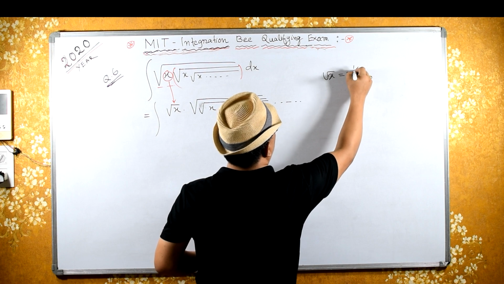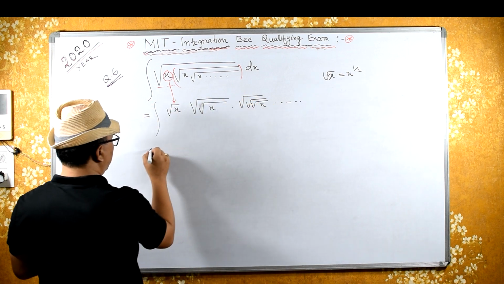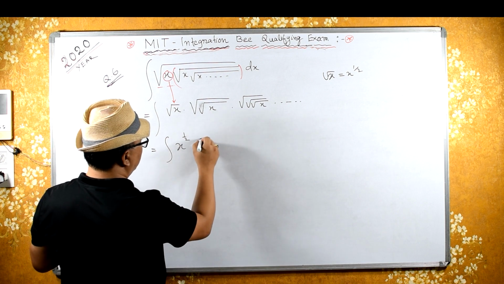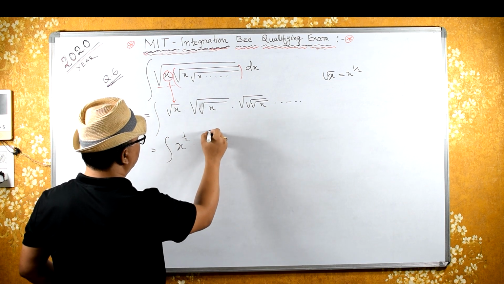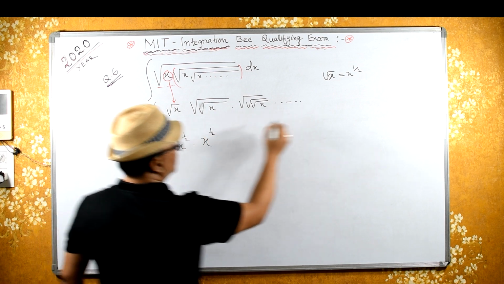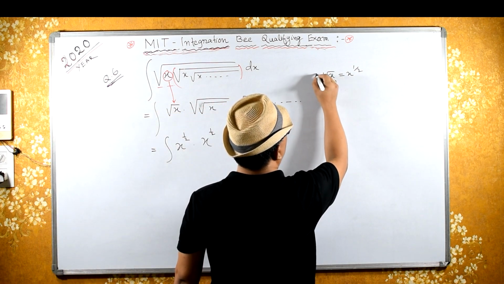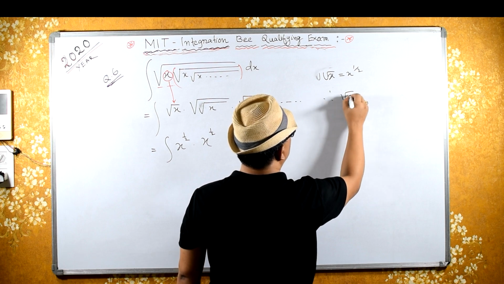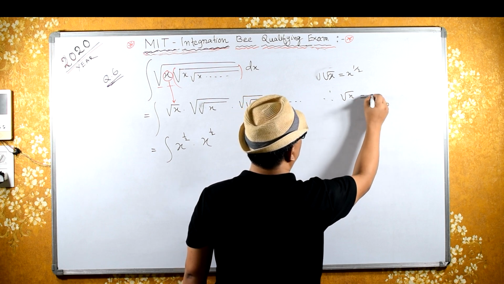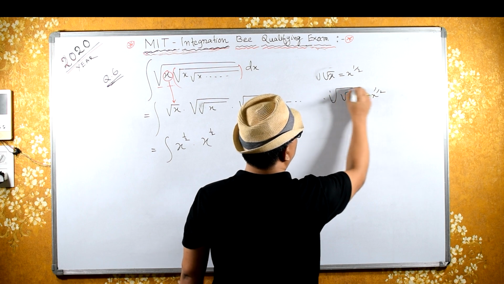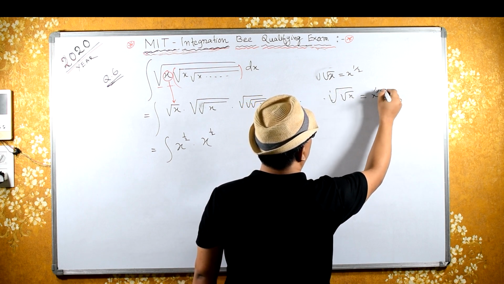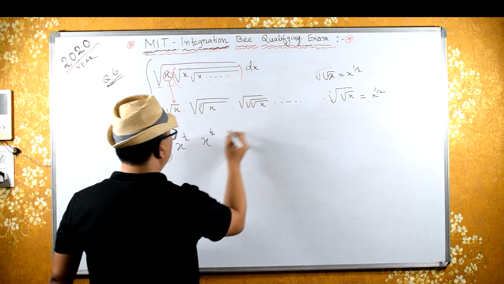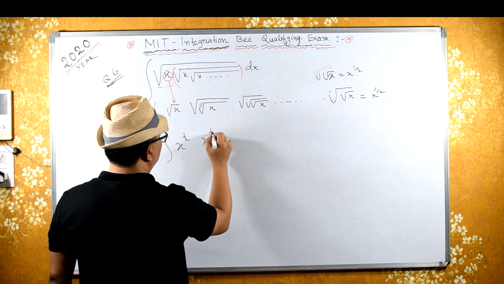As you know, square root of x is x raised to half. Now this is the same as x raised to half into x raised to half, and again here. So x raised to half; again if I put here, then it will be half into half, so you can say 1 by 4.